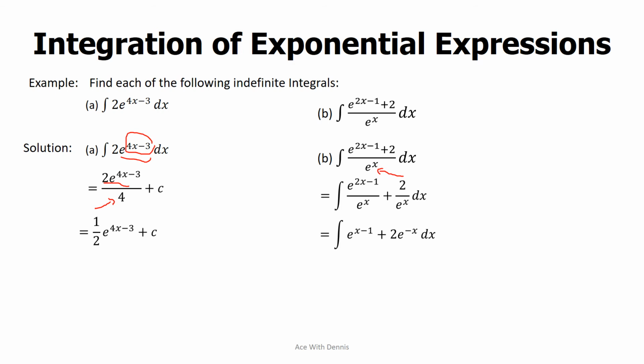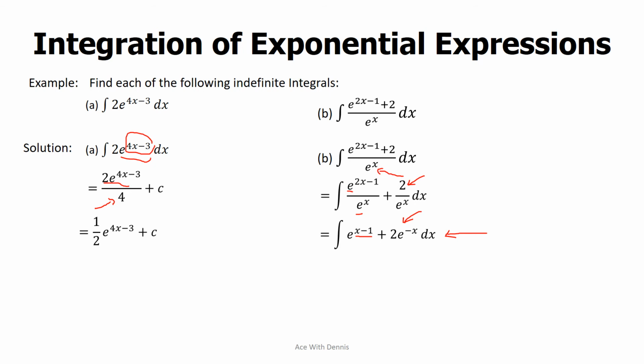For the first fraction, since they have the same base, e, then the power, we get 2x minus 1 minus x, which you get e to the power of x minus 1. For the second fraction, you can change it into indices form, which becomes 2e to the power of negative x. So the whole expression becomes integration of e to the power of x minus 1 plus 2e to the power of negative x dx.